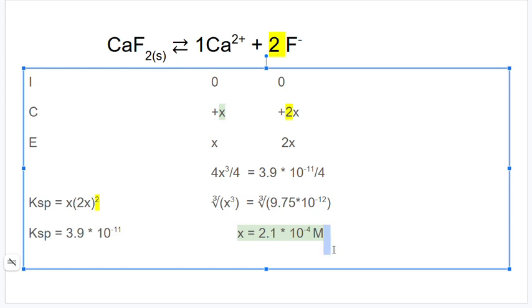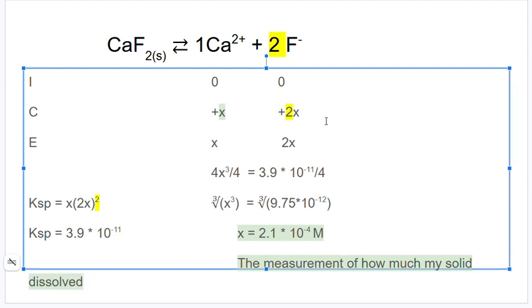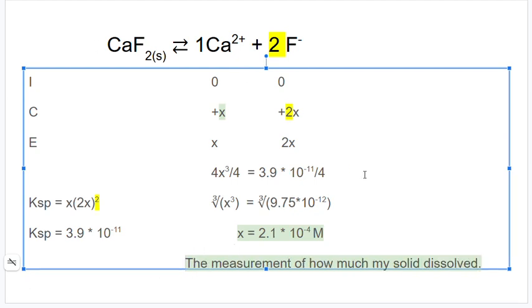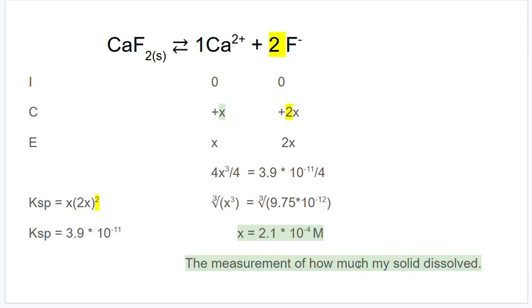That's another way to talk about this: the measurement of how much my solid dissolved. So that is what molar solubility is, team. And we calculated it. That was tricky, that wasn't easy.